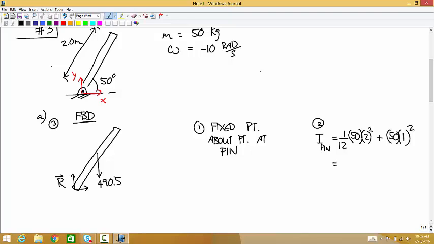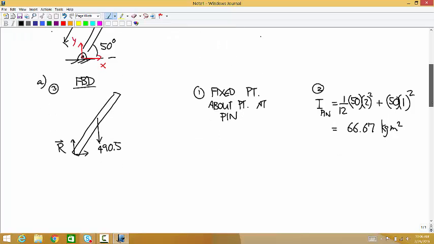And can someone tell me what that is? 200. Okay, kilogram meters squared.